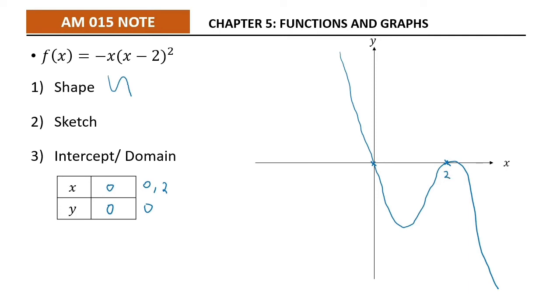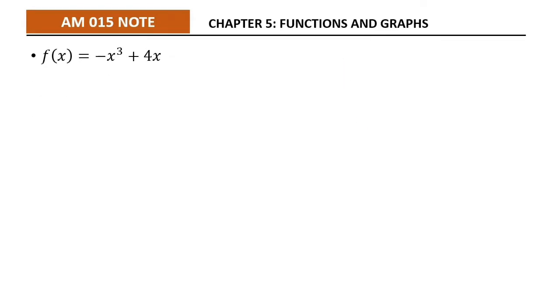And then label the graph. f(x) equal to negative x (x minus 2) squared.